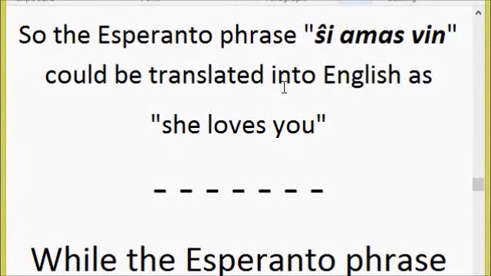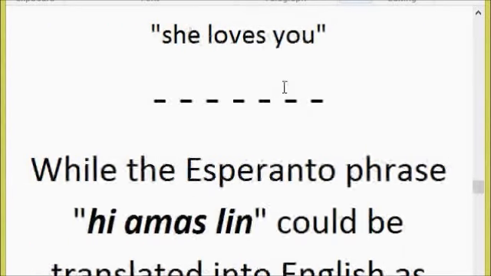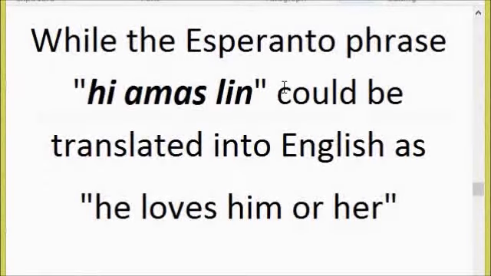So the Esperanto phrase she amas vin could be translated into English as she loves you, while the Esperanto phrase he amas lin could be translated into English as he loves him or her.